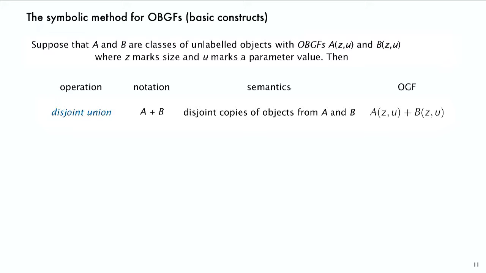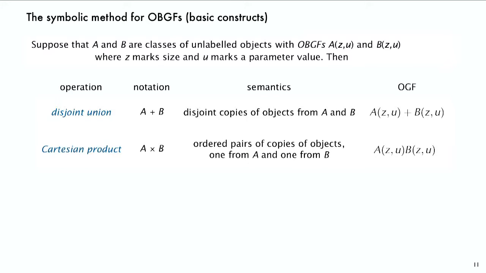It's an elementary proof just as before. Cartesian product translates to the product of the generating functions, again, just as before. Sequence translates to 1 over 1 minus, and again, that follows from product just as before. So these are the same constructions, and they immediately give us expressions on the ordinary generating function.